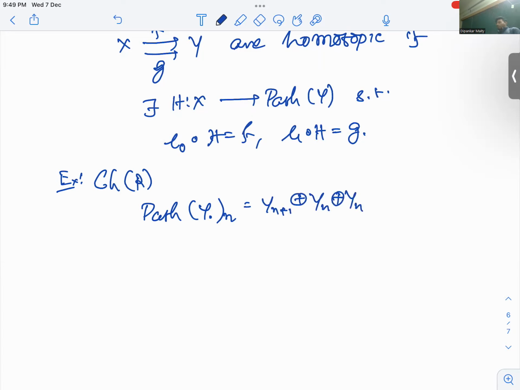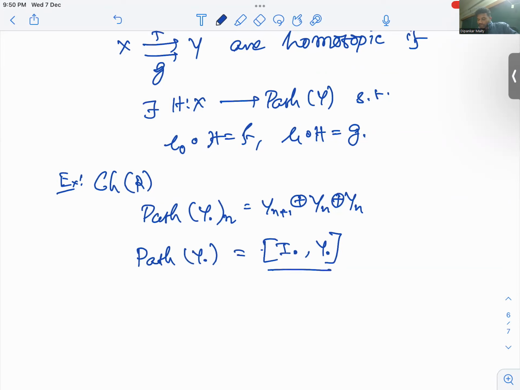And differentials one has to figure out. In other words, the path space on Y dot is given by the chain space from I dot, so the terms in this chain complex are degree n maps.